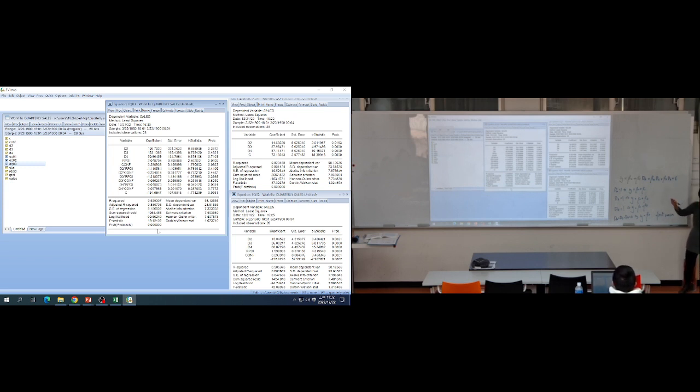So first season, right? So beta 1 is what? What's the beta 1 means? It's the impact of the second quarter of sales on the slope coefficient.